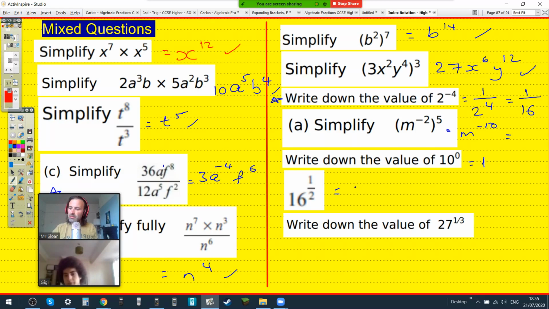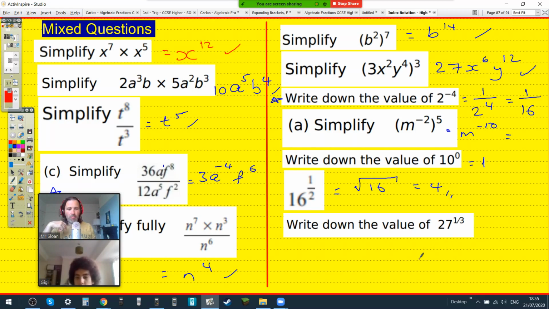Is that 1 over 16 to the power of 2? A half means square root. Oh, alright, square root of 16, which is 4.